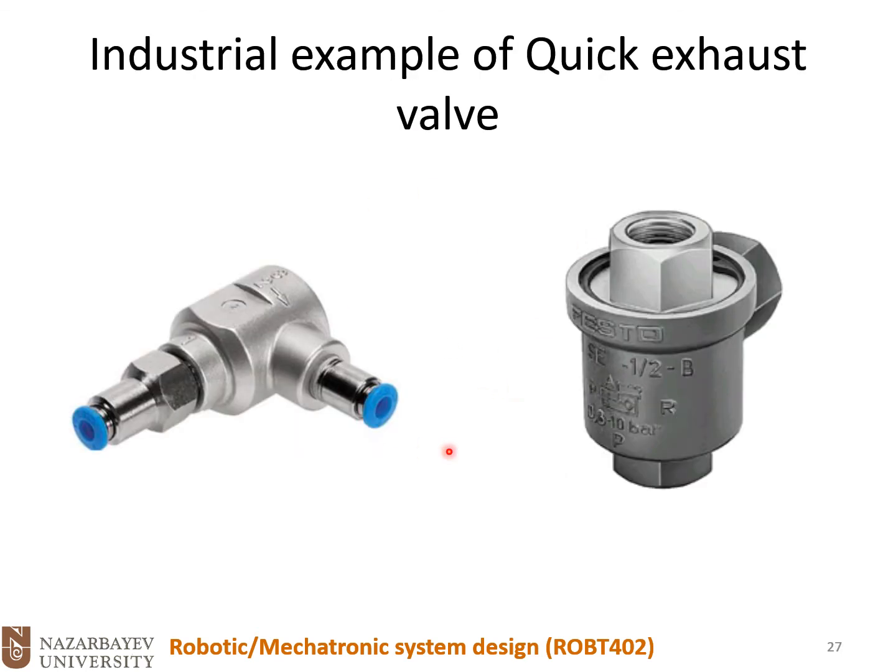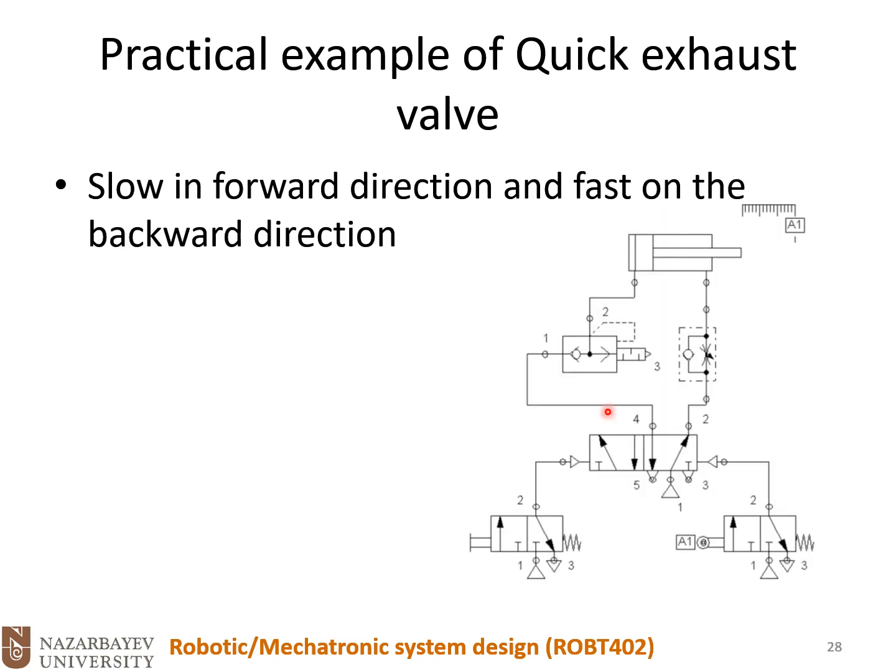This is one industrial example of these valves. And here we have one application. So we want to have slow speed in the forward direction and fast on the backward direction. I could say very fast or the maximum possible speed.